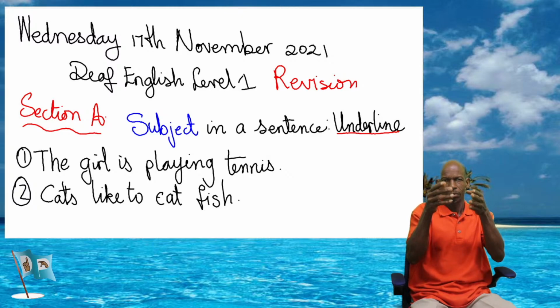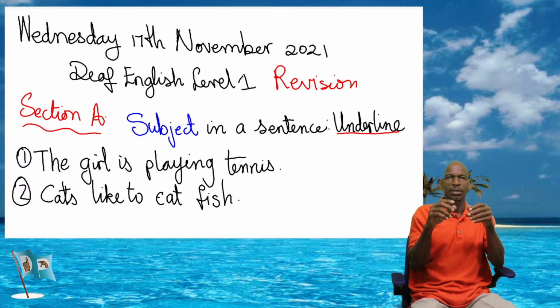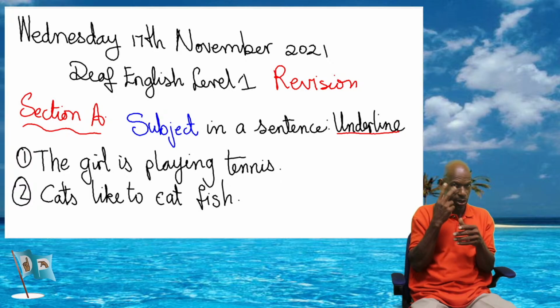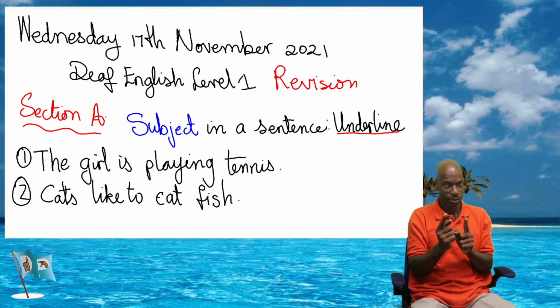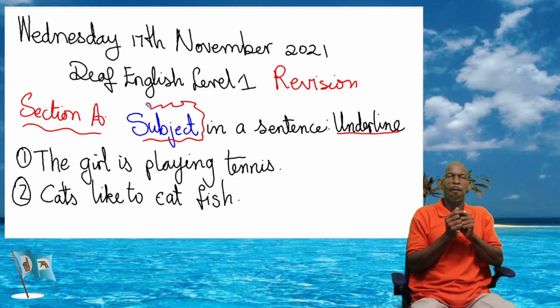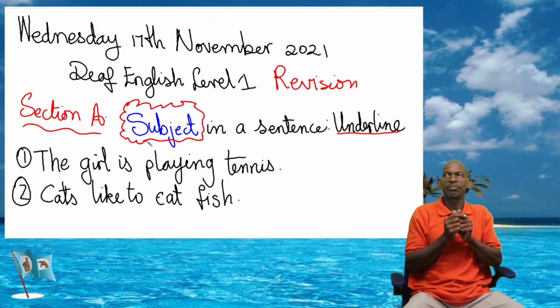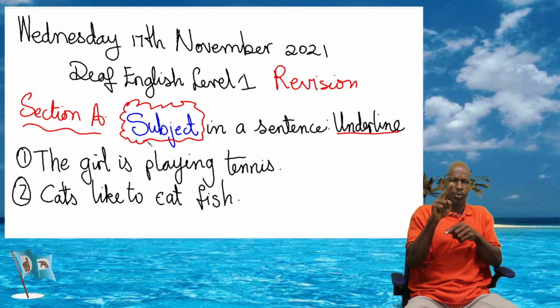And you will see on the board, section A, that I'm formatting our revision the same way the test will be formatted. Section A, subject in a sentence. I'm underlining, or circling, the word subject. We said the subject is the focus.